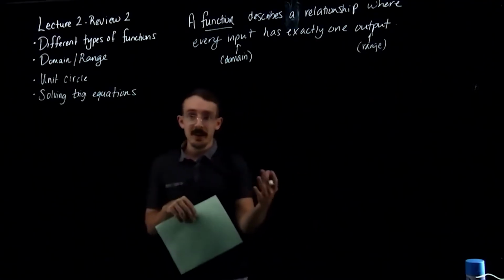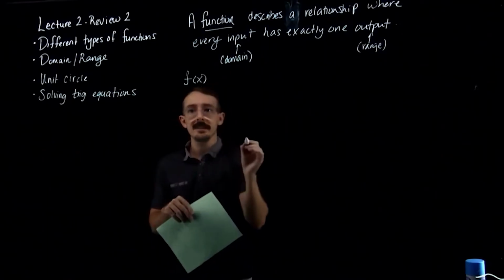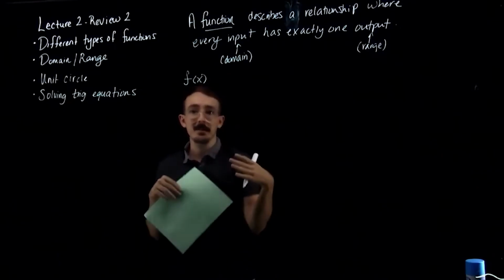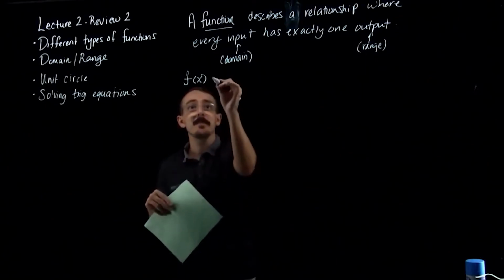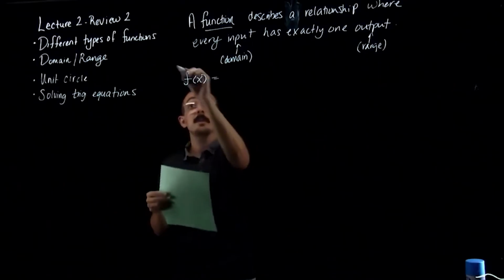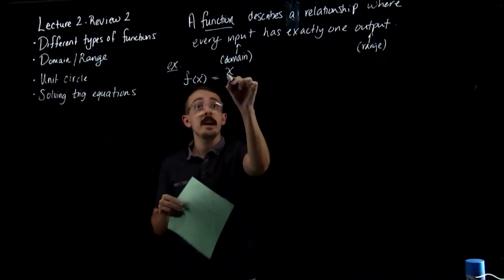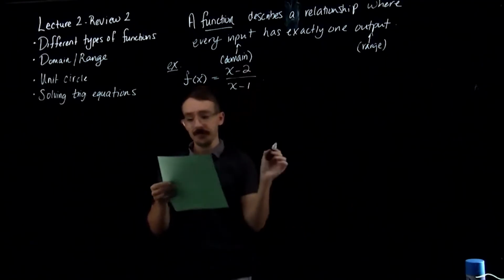Usually, you denote a function by writing f of x. So in this class, you'll see it usually like this. So f of x denotes a function. X is what you're essentially plugging into the function. These are the inputs here. And we'll describe our function using an equation. So this is going to be (x minus 2) over (x minus 1).